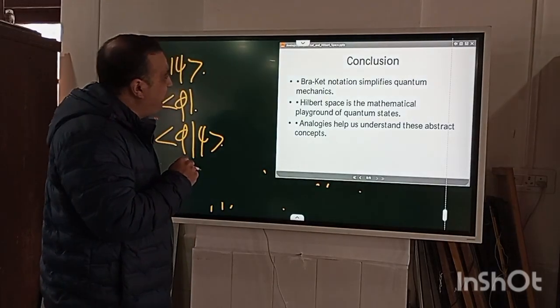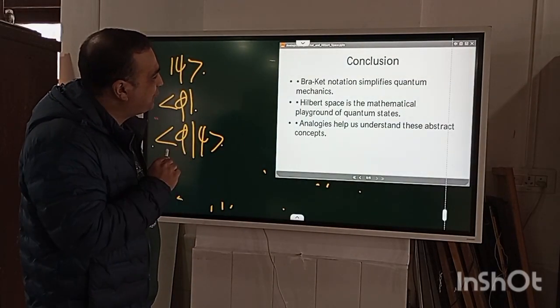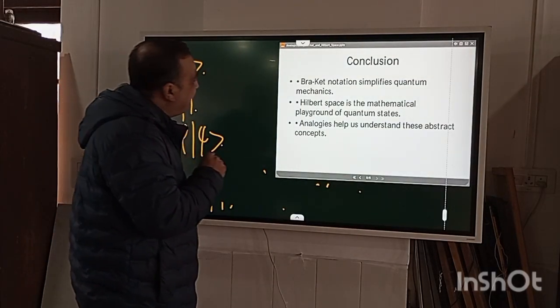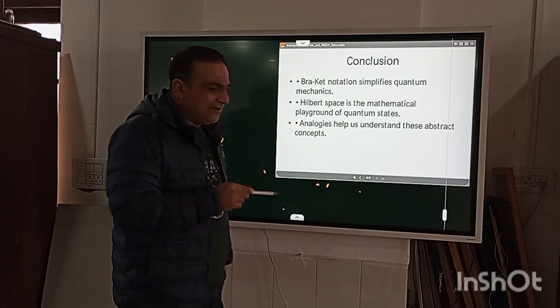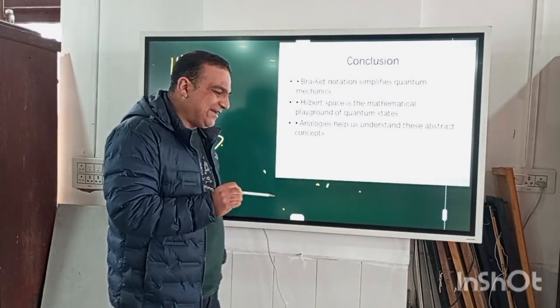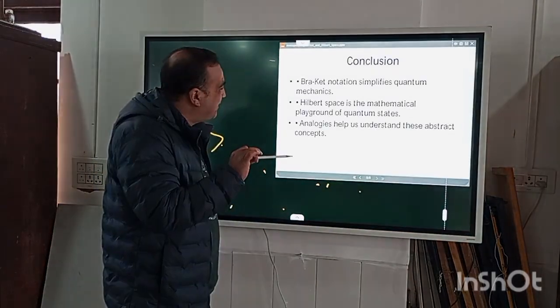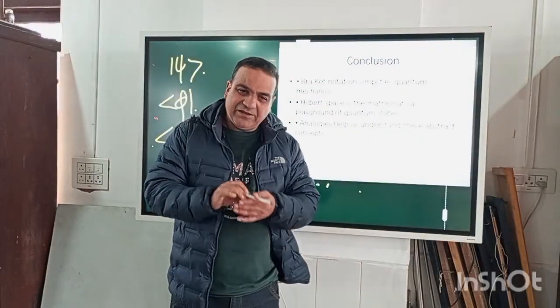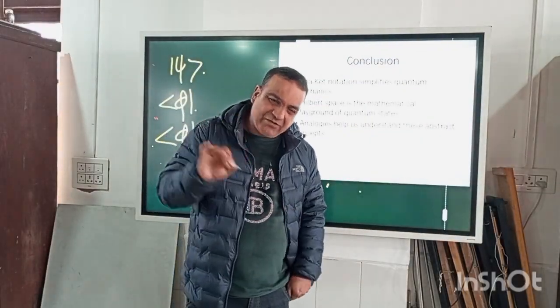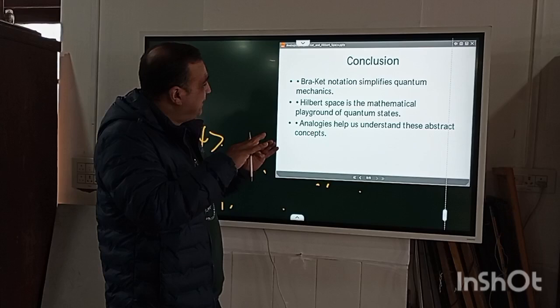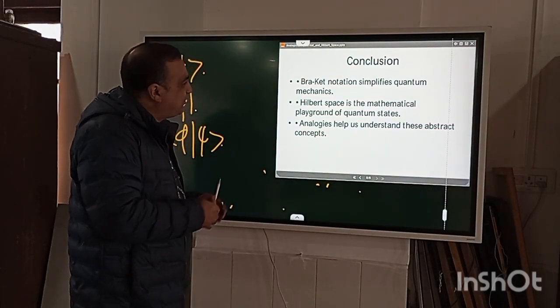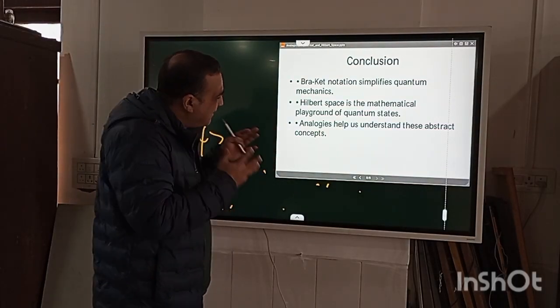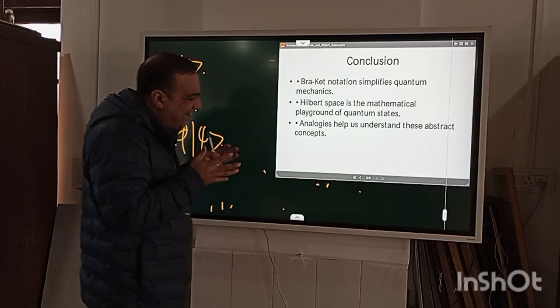So, in a trivial way, if we try to conclude our discussion here, what we say is that this Bra-Ket notation basically simplifies the Schrödinger formalism. It simplifies quantum mechanics. And talking about the Hilbert space, this Hilbert space is the mathematical playground.